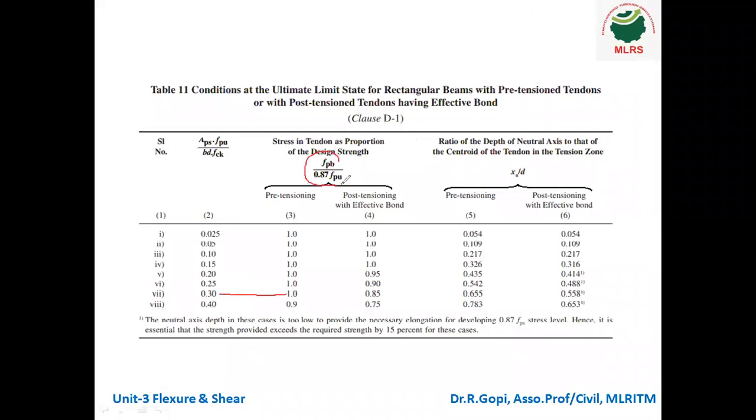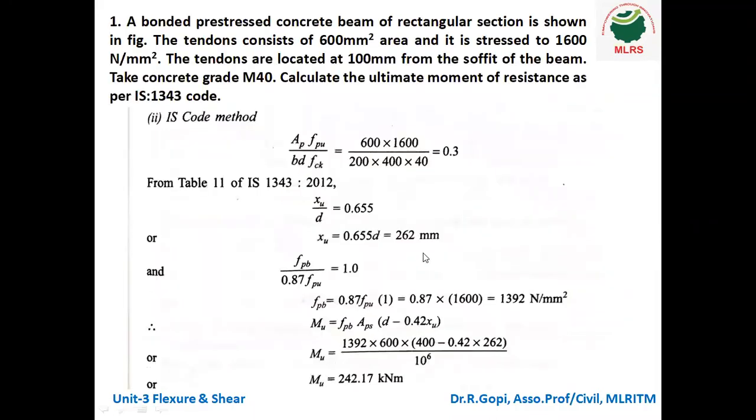FPB divided by 0.87 FPU is equal to 1. And the corresponding XU by D value is 0.655. So first read that value from the code book. After that, here you can write: therefore XU by D ratio is 0.655. From the table we found XU by D ratio is 0.655.